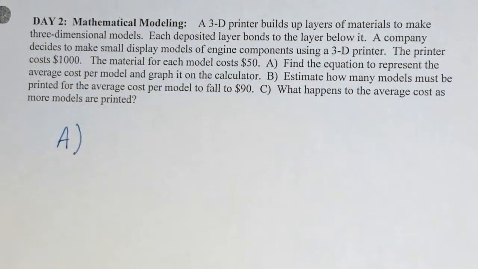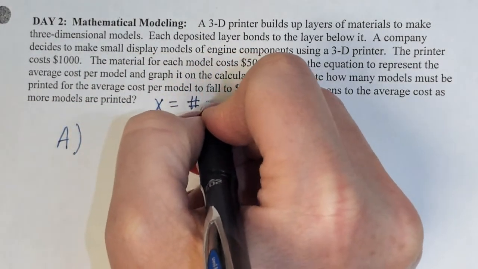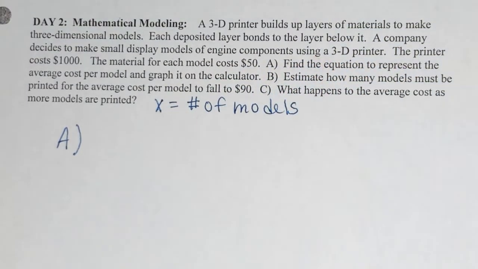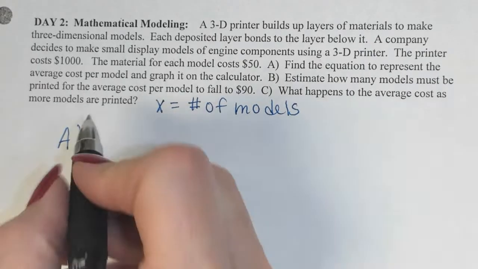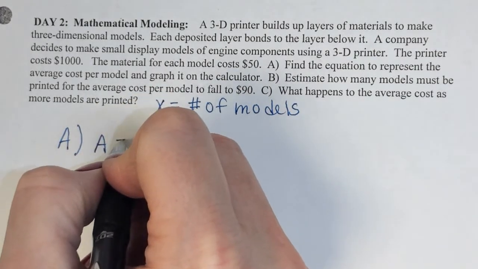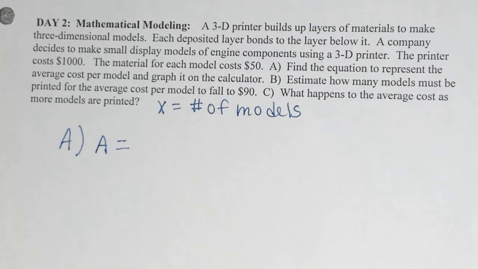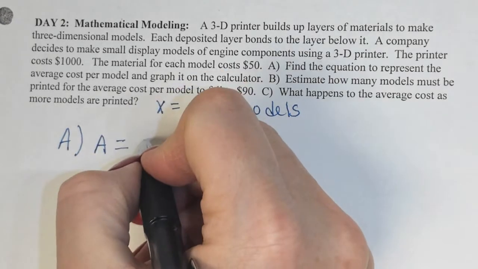Okay, guys, do we know how many models we're making? No, so we're going to have to call that x. So x equals the number of models. When we're trying to find the average price for one model, we first of all have to think of the total cost. What do we have to pay for the printer? $1,000.